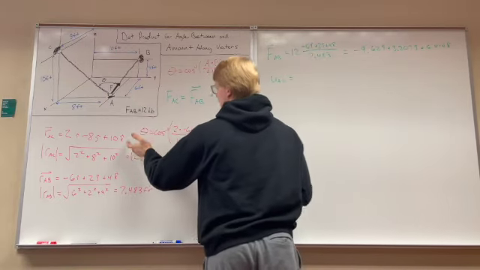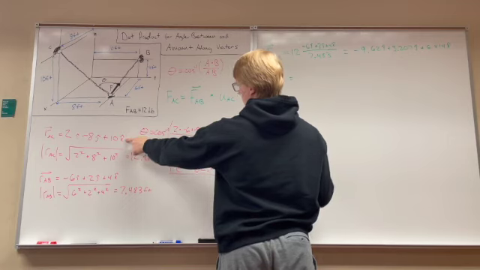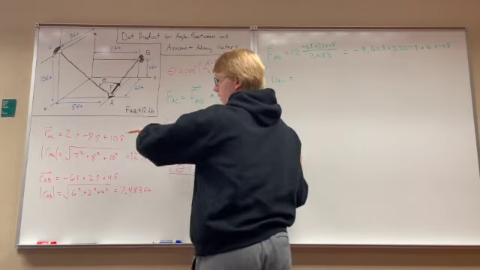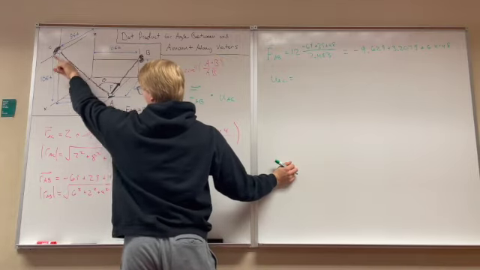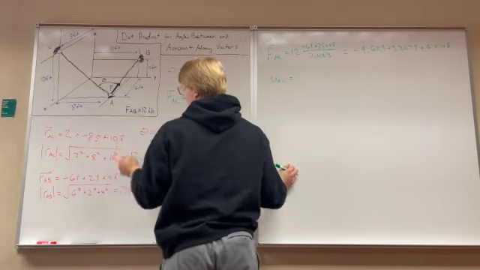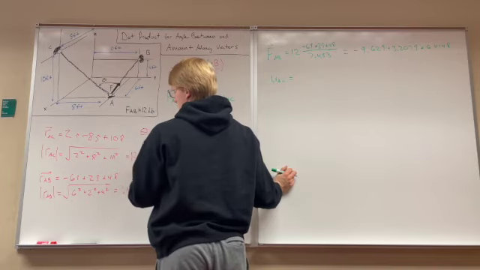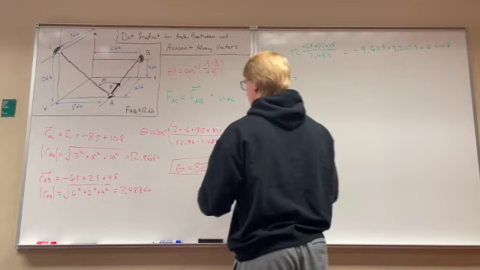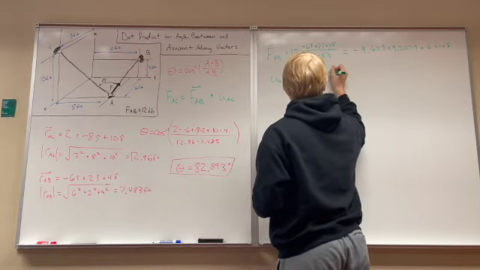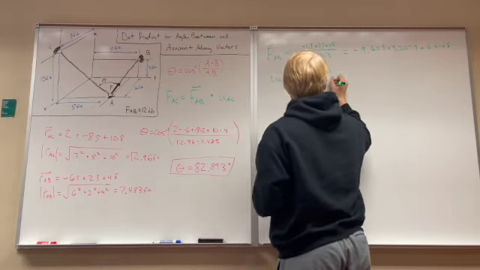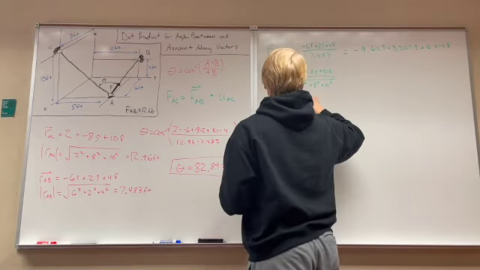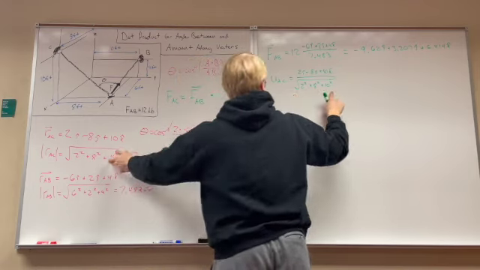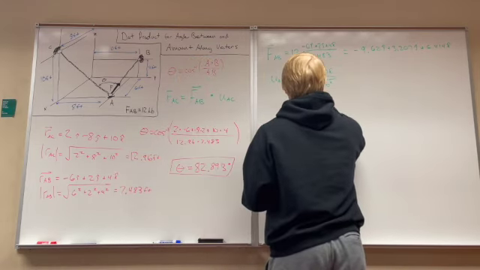So it's going to be the direction, the vector form of the rod from AC, divided by the hypotenuse, which is the directional magnitude. And so the denominator is just the square root of 2 squared plus 8 squared plus 10 squared right here. We already calculated that, so I'm going to erase this.